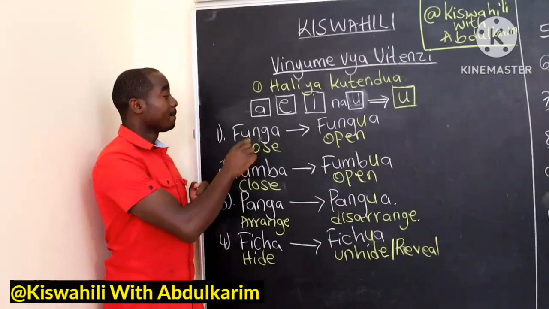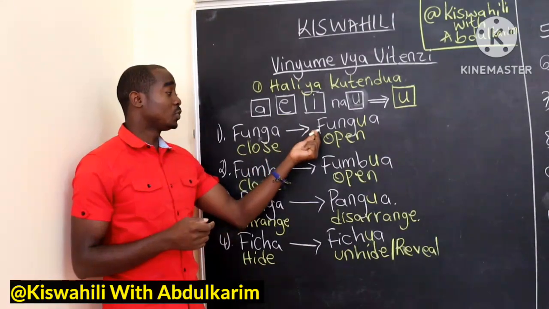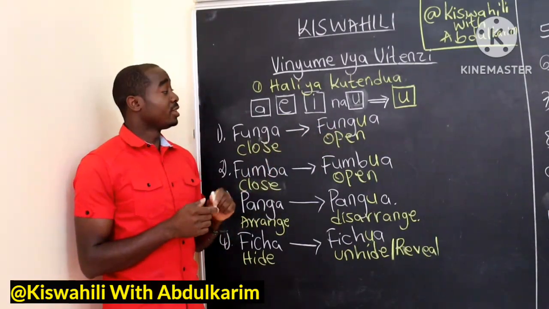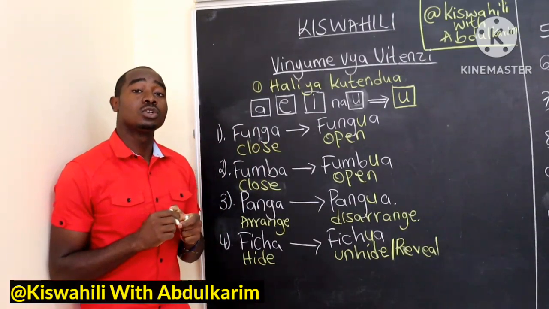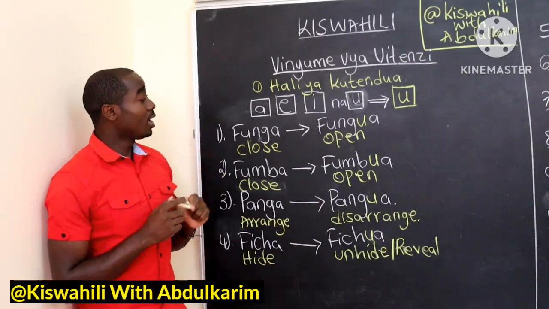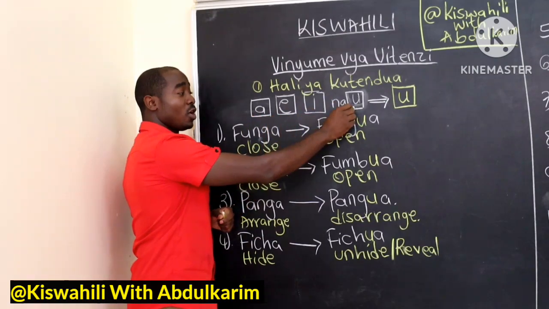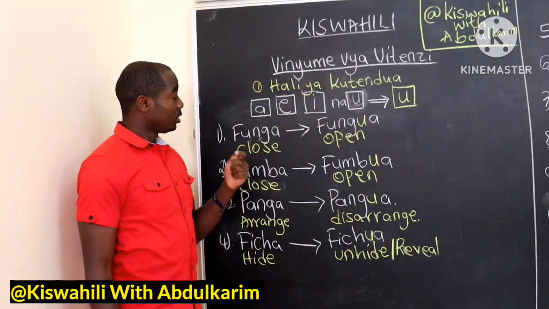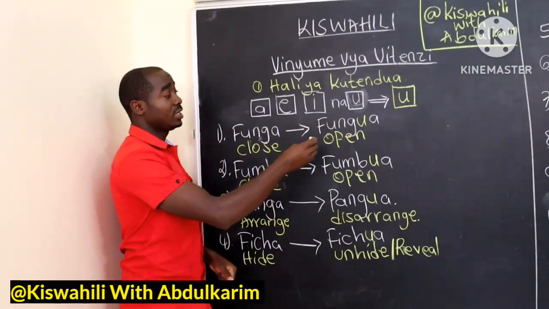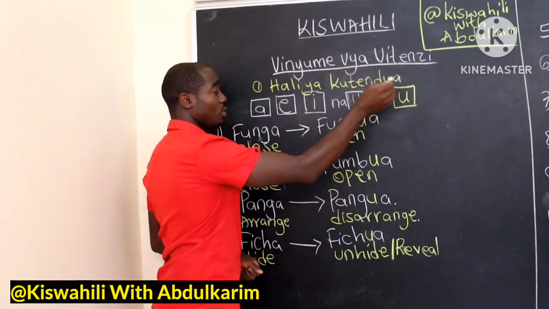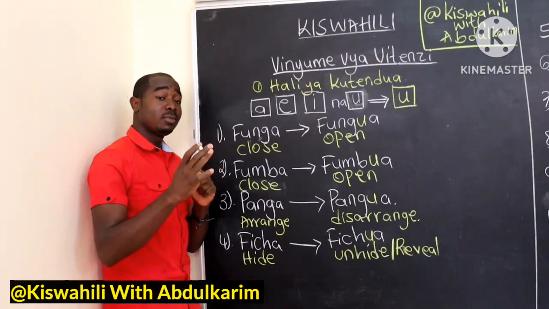So we start here. This is a rule that guides you on how to make its opposite. The first rule here is if the root of the verb has any of these letters, A, E, U, then we will add the vowel U between the last vowels.